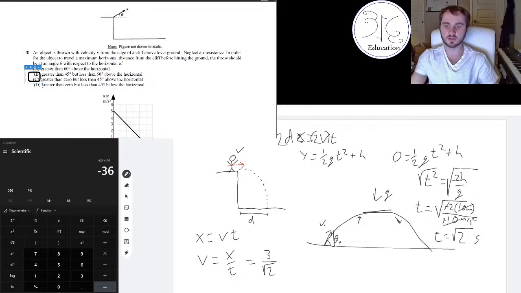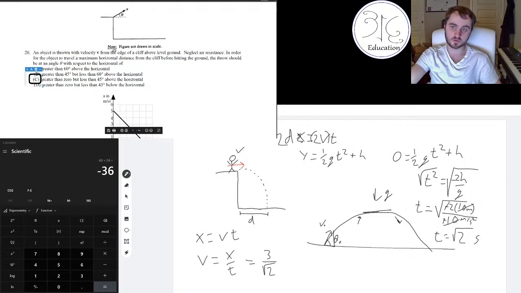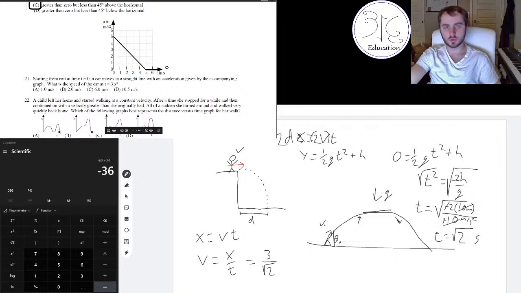That would be greater than 0, but less than 45 degrees above the horizontal. And we don't want the case of it below the horizontal because that's just angling it down towards the ground much too quickly. We still want the nice full arc trajectory.